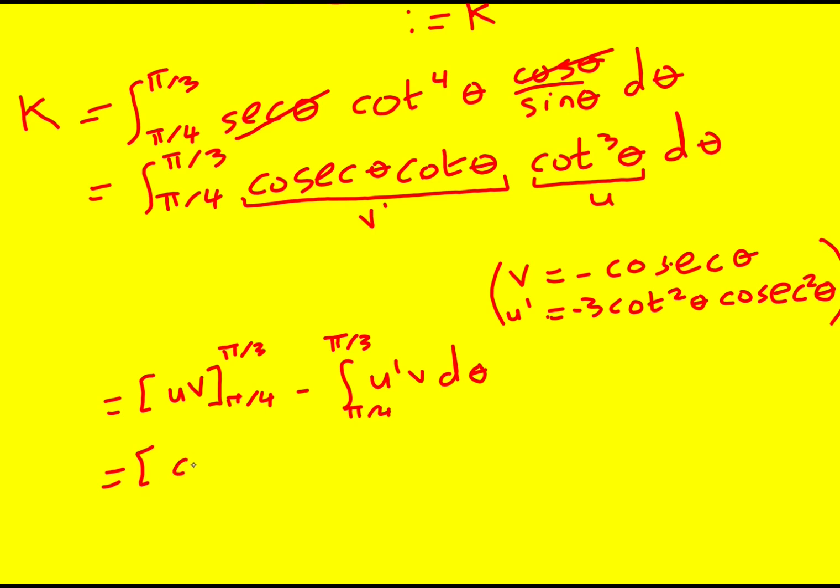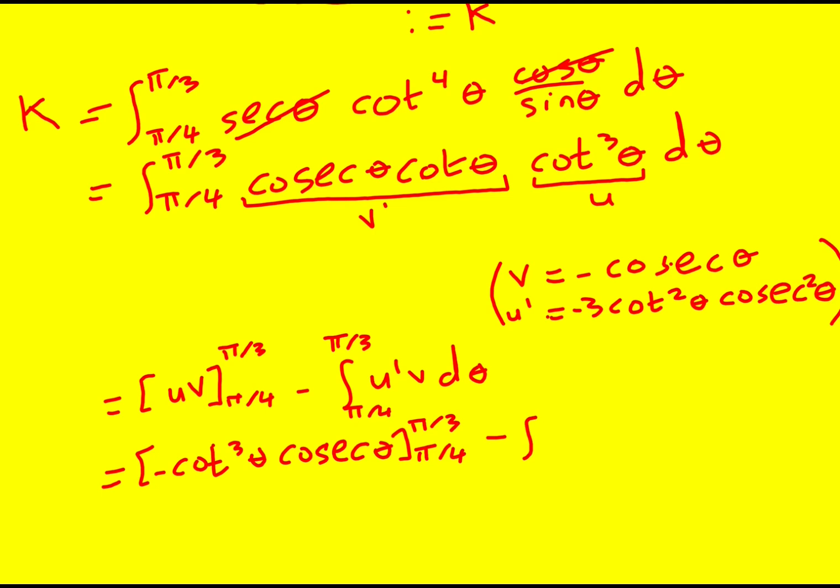So in our case, we've got cot to the power of 3 multiplied by minus cosec theta, minus the integral, oh sorry, that's okay.